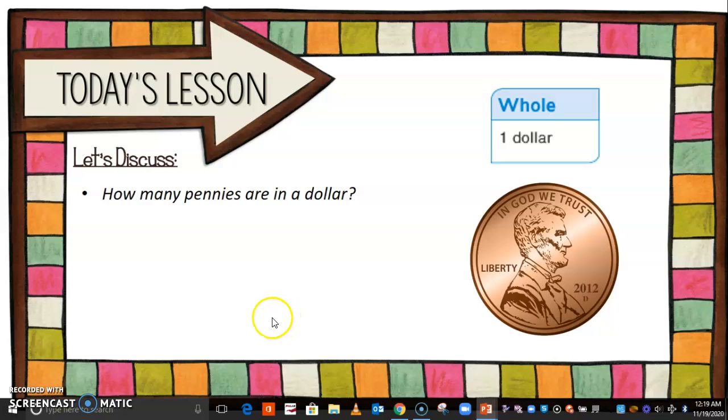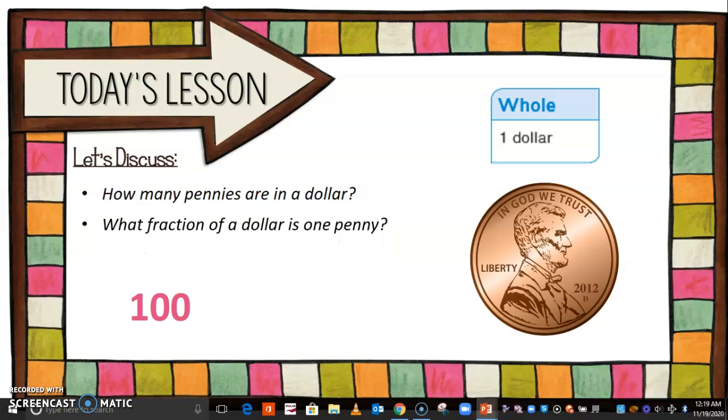So how many pennies are in a dollar? Pennies. 100, right? So what fraction of a dollar is 1 penny? Well, it's going to be 1/100th of a dollar, right? Now, how are we going to write that as a decimal? That is going to be 0.01.